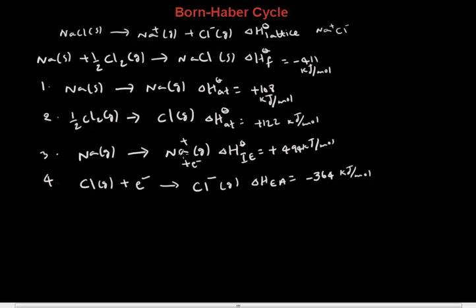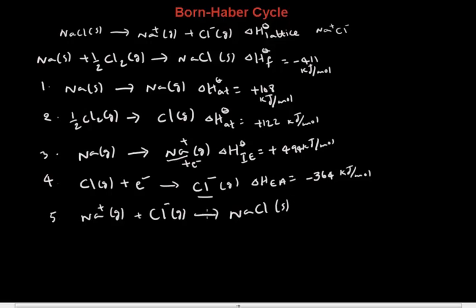And finally, the sodium unipositive ions and the chloride ions basically combine. So Na+ gaseous from step 3 and Cl- gaseous from step 4 combine to form 1 mole of sodium chloride, which is a solid.